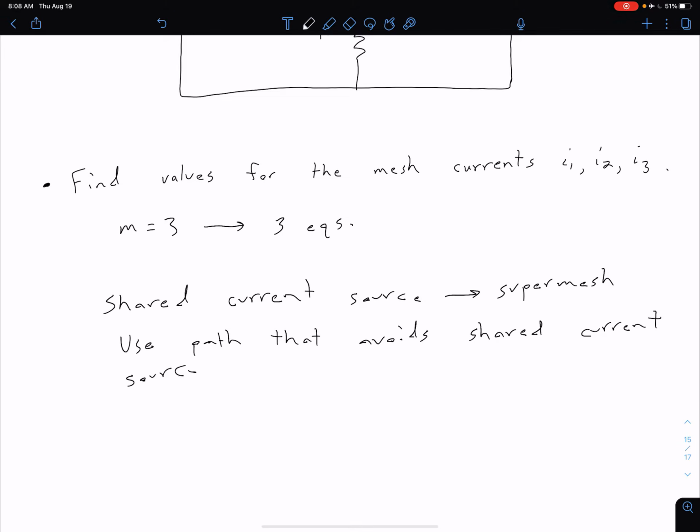And one last thing to point out is that because we're having to use this supermesh technique, it does not change the number of equations that we need. We are still going to need three equations. It's just that we're going to get them from different areas.